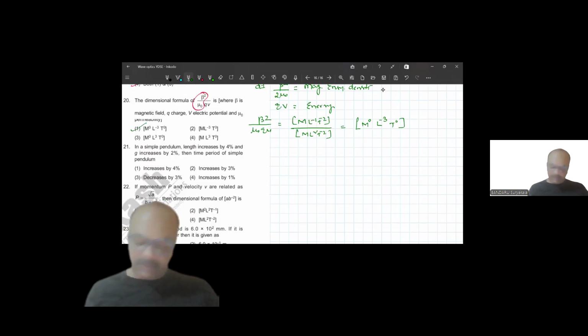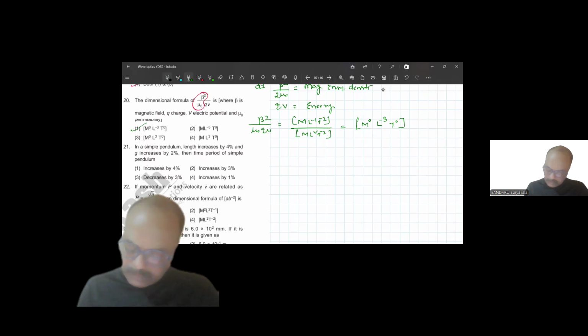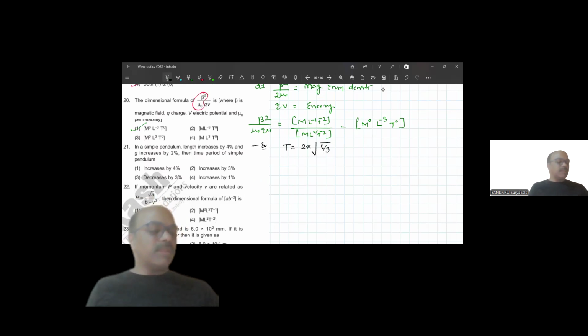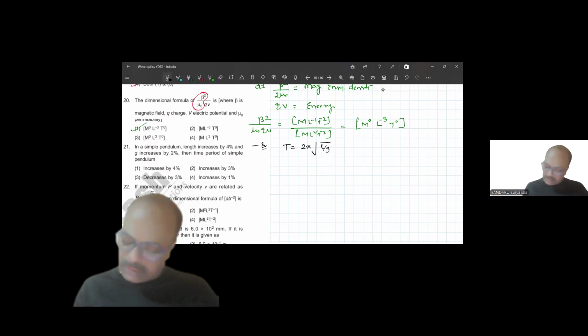Next, 21. We have the formula time period 2 pi into root L by g. They ask what is the range here. Delta L by L is given as plus 4%, and delta G by G is given as increases by plus 2%.